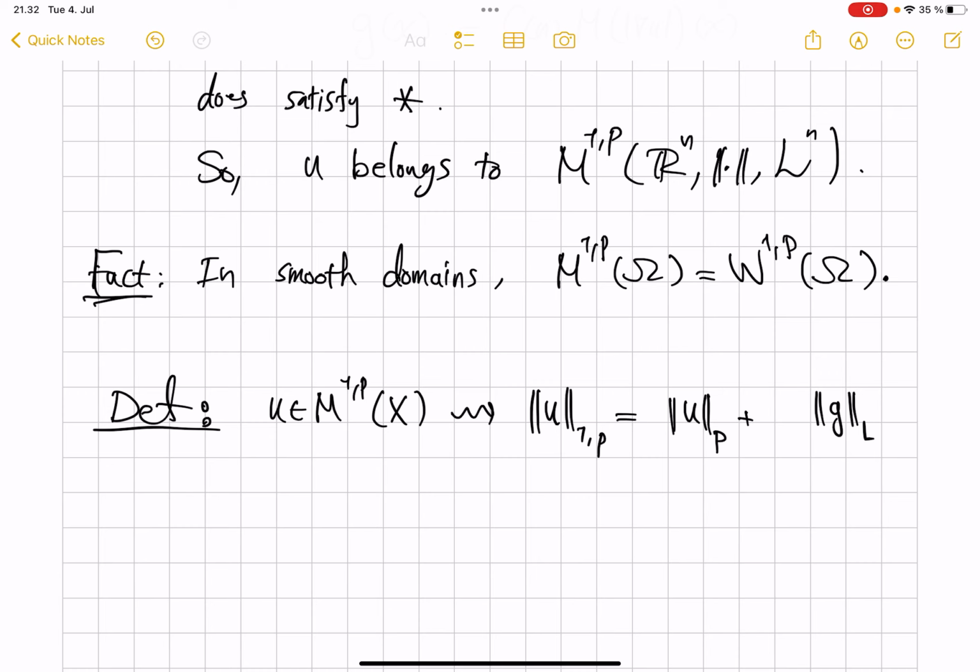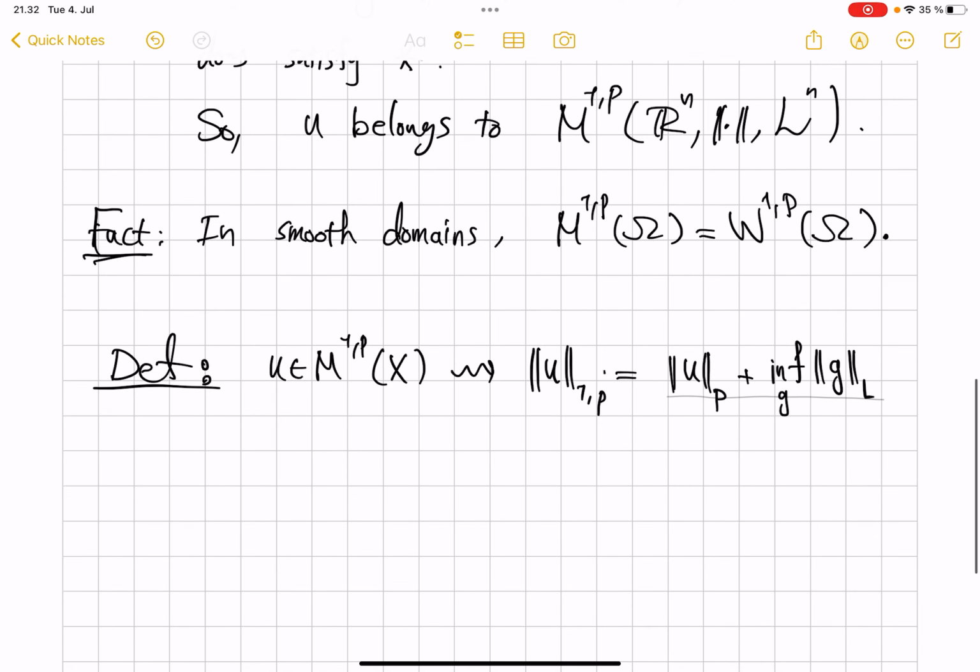For example, if one g satisfies the inequality, you can multiply it by 5 and it still satisfies it. So you put an infimum over all such g, the infimum of g that are Hajlasz gradients of u. With this definition, you can show that this is actually a norm.